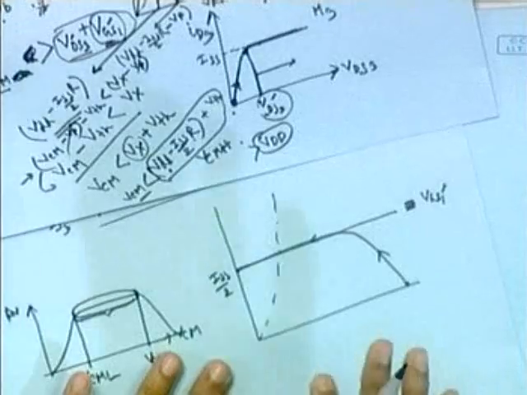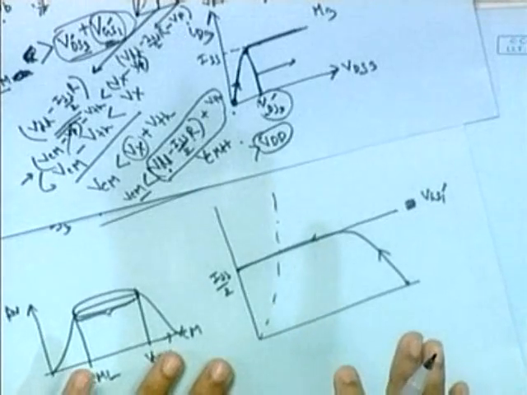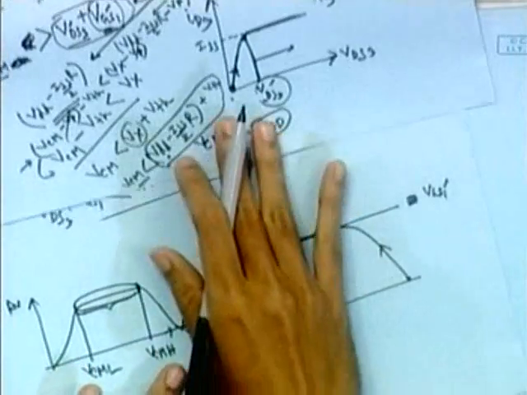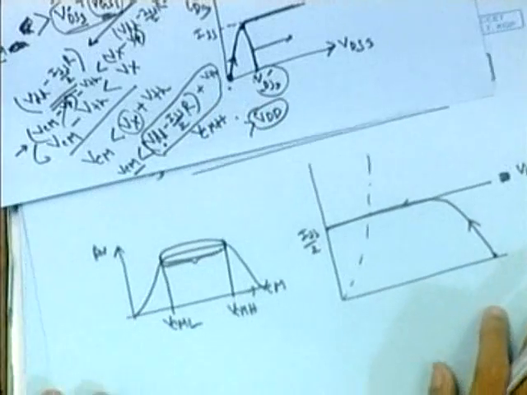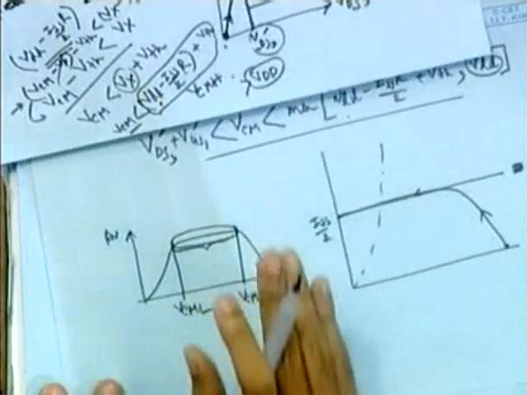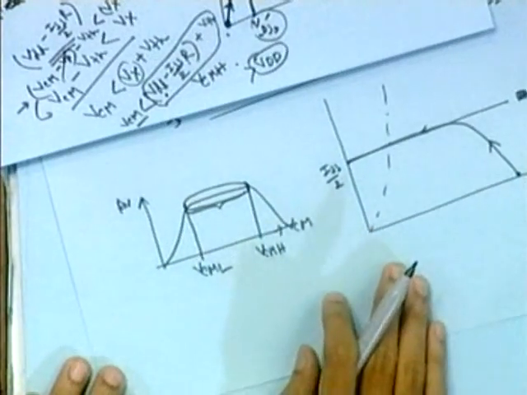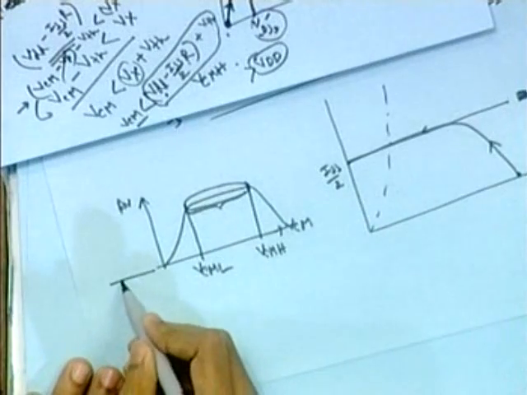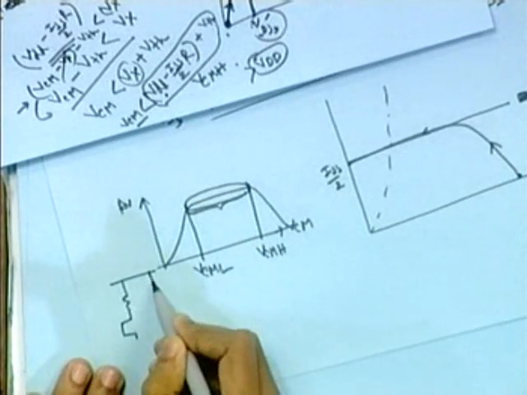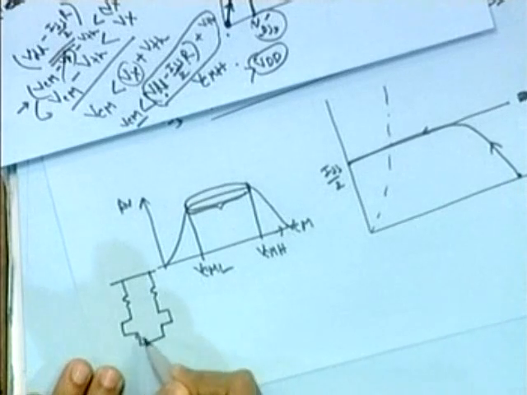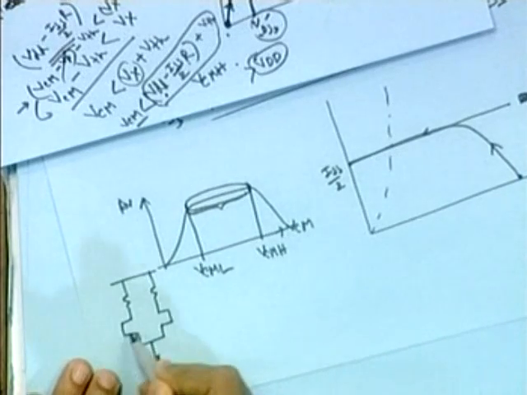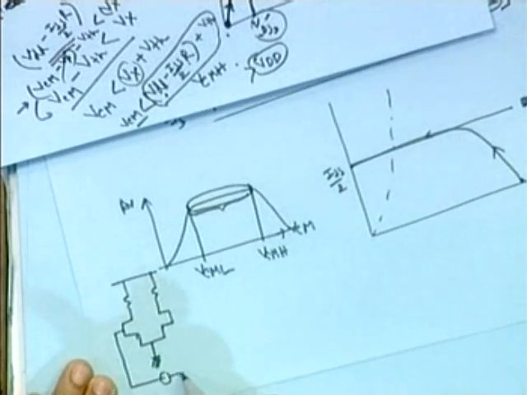According to that principle we can apply VCM and VDiff, or differential input, separately and sum them up. So suppose our VCM is 0 and we are applying only differential input. If you have a perfectly matched differential amplifier, you can bypass your current source for differential analysis. You can think this is grounded for differential analysis.